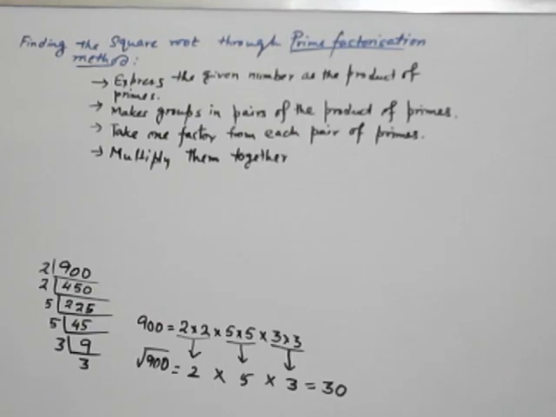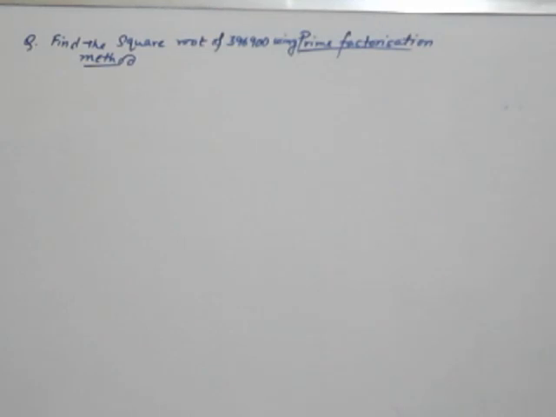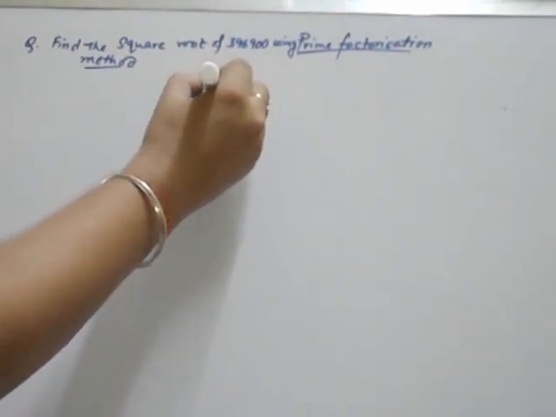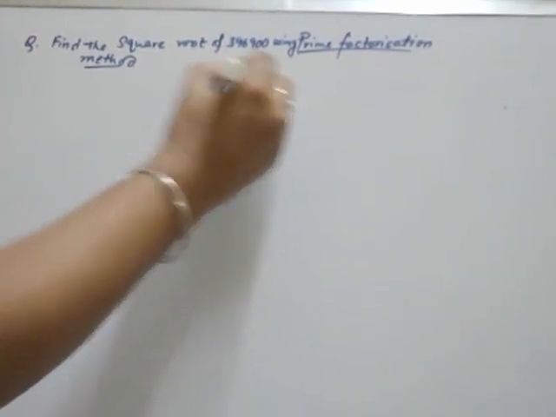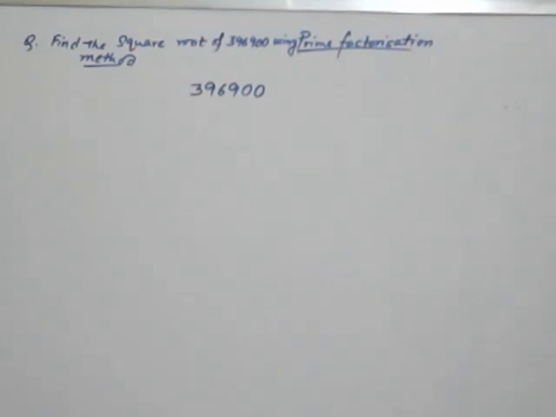Okay. Now let's take another example. The question is, find the square root of 396900 using the prime factorization method.